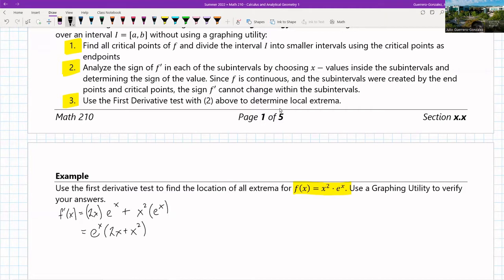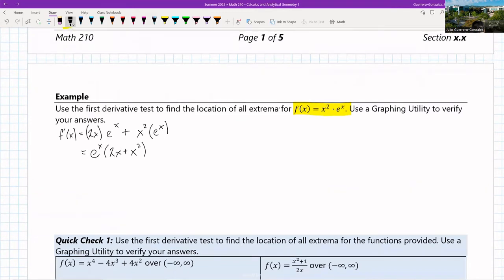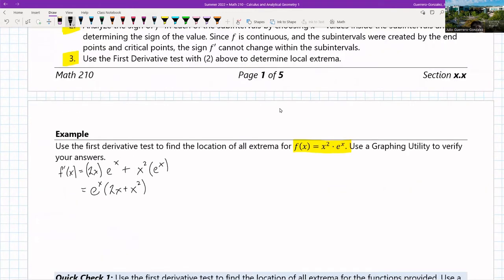This is great because now we have this thing right here. We can factor it a little more. It's going to be e to the x times x times 2 plus x, right?